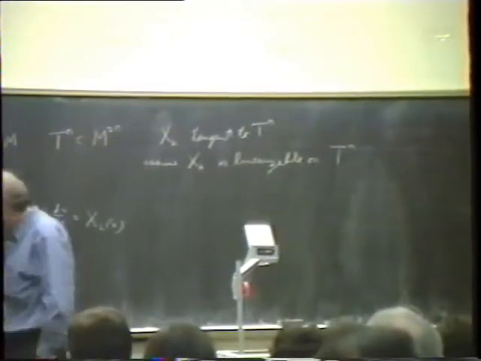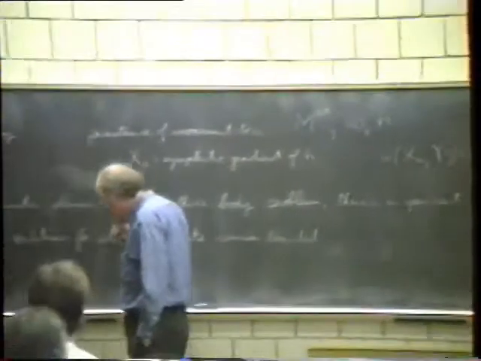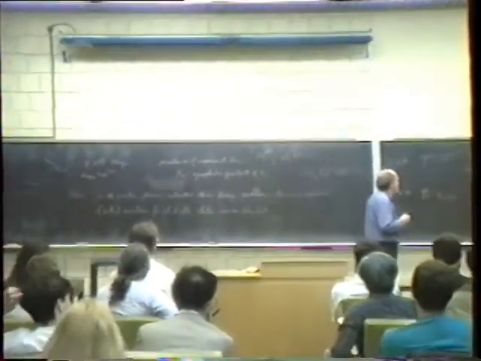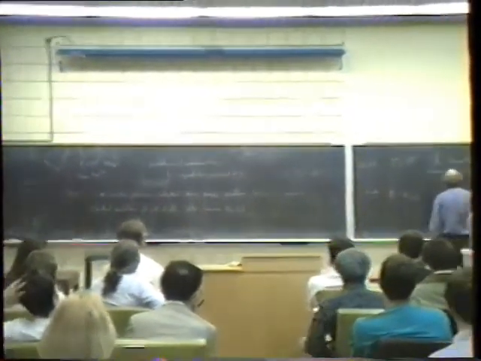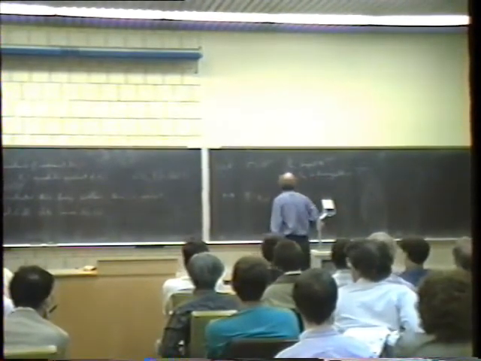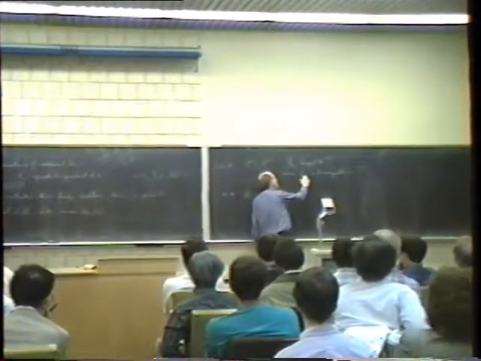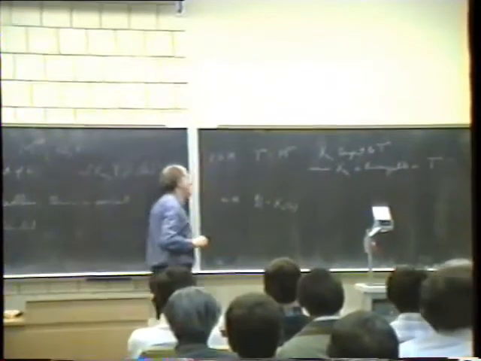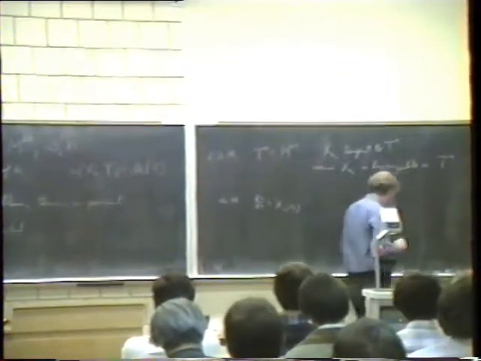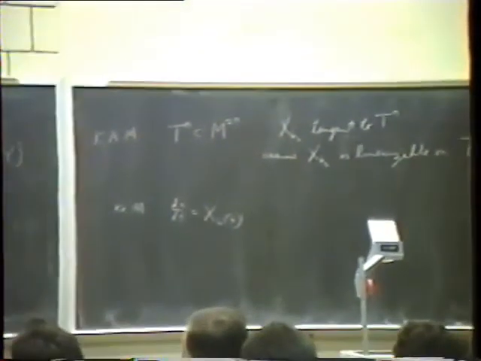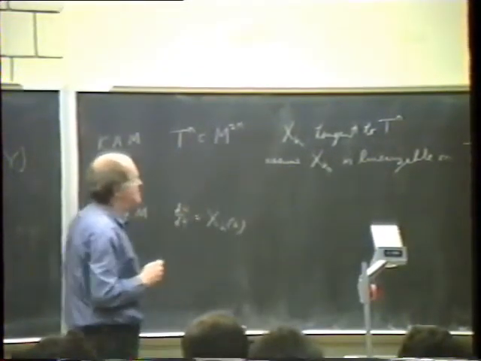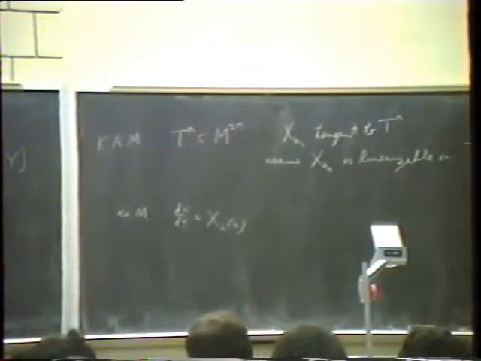So, okay, they start with this torus, and xh is linearizable on it. Let's call it xh0. So I start with an unperturbed system. The KAM theory has to do with small perturbations, so I'll start with an unperturbed system, x0. I assume it's linearizable, and I assume that it has a dense orbit.